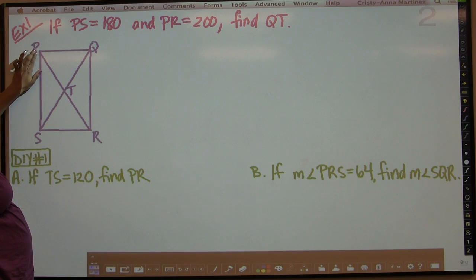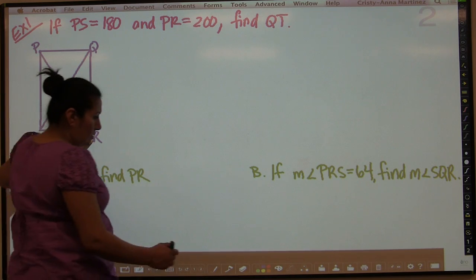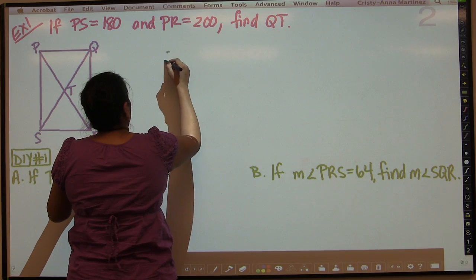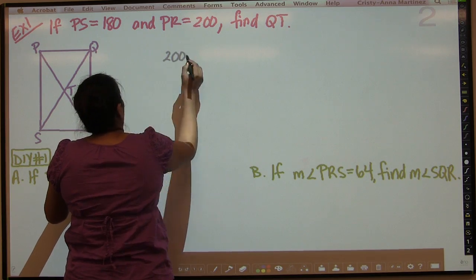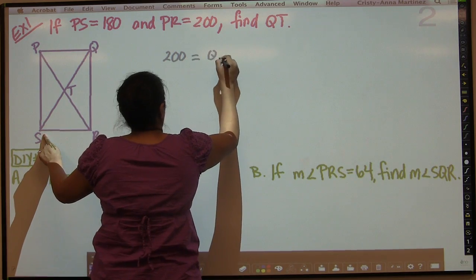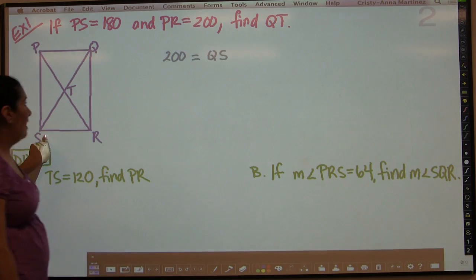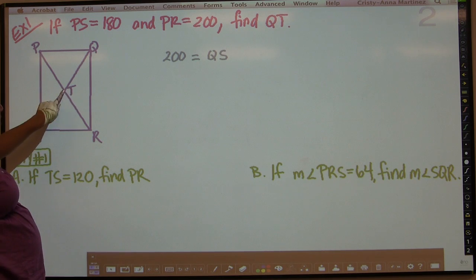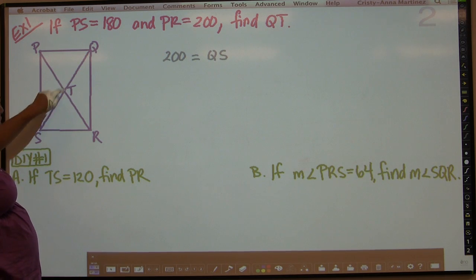The way that we're going to solve this is using our properties. If PR equals 200, it means that QS also equals 200 because diagonals of a rectangle are congruent. And also we know that the diagonals bisect each other here at point T, which means that this point cuts the diagonal into two equal parts, and those equal parts are the same in all four directions.